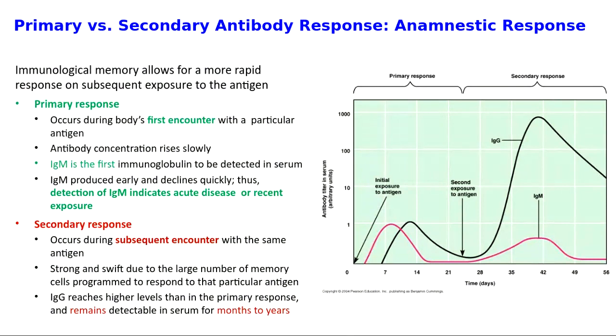Our body is not going to have to wait for all these processes, all this analysis to happen by the different cells to make immunoglobulins. The memory cells are going to say, yes, I have all the stats for this virus. I'm going to make a lot of immunoglobulins, and I'm going to make it so that it is killed right away, so that I can destroy this antigen right away.